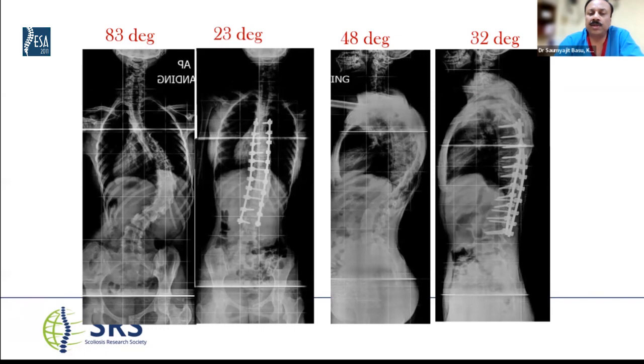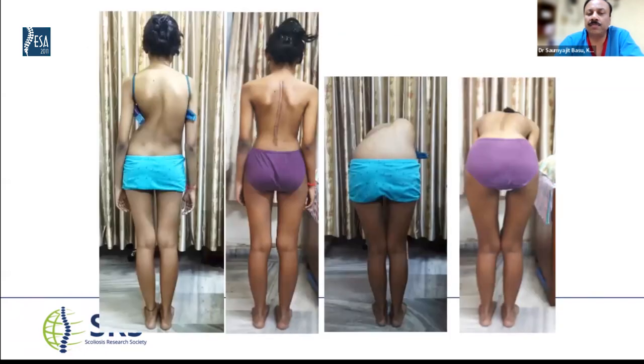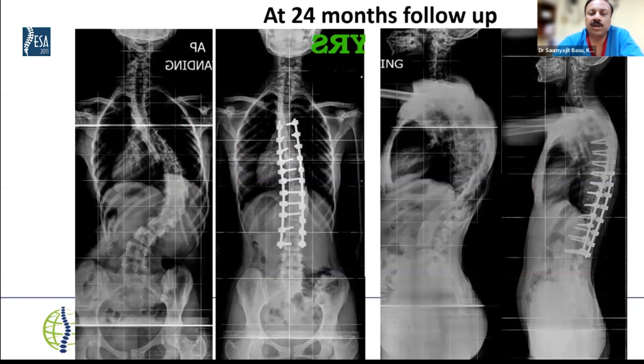And this is her at 24 months follow-up. So she's very nicely balanced so far as the lumbar curve, but you do definitely find T1 tilt. So this curve did not behave as expected, that they will line up one over the other.